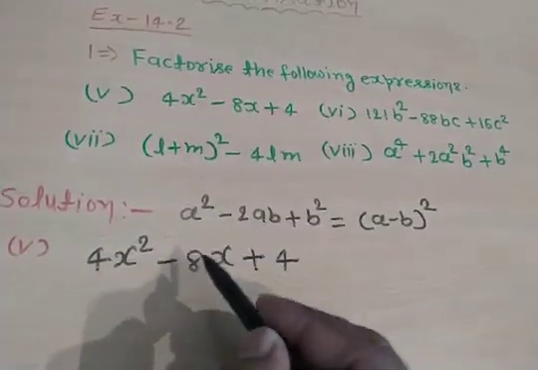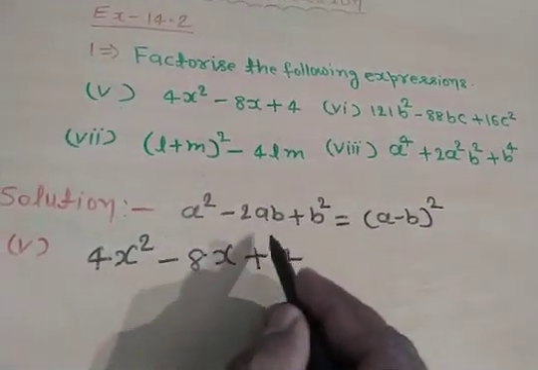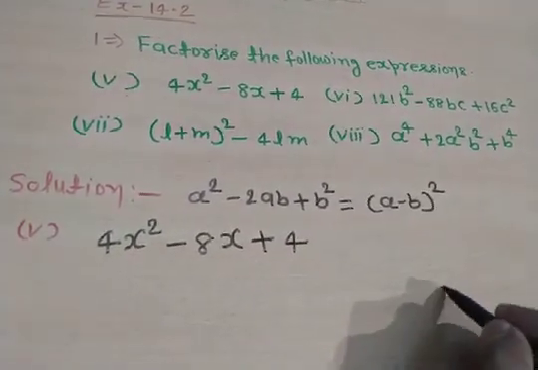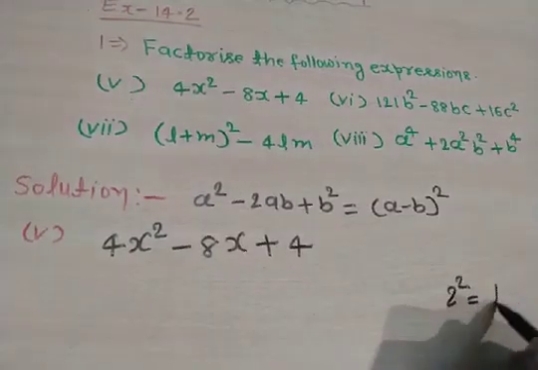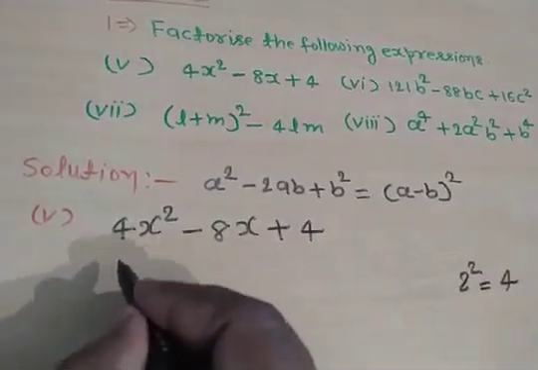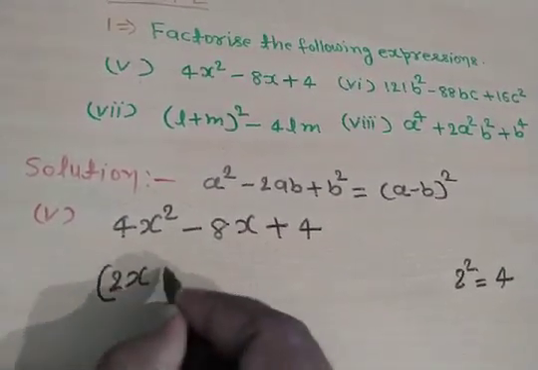First we convert this expression like that. Here 2 square is 4, so we can write 2 into x, whole square, of 2 into x.